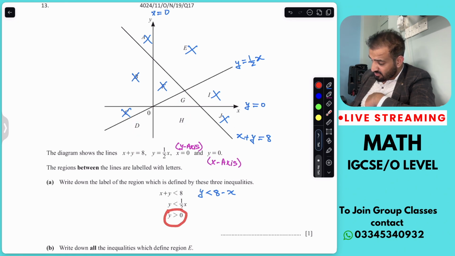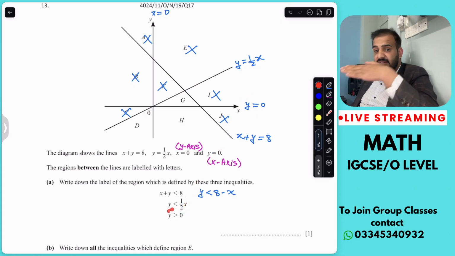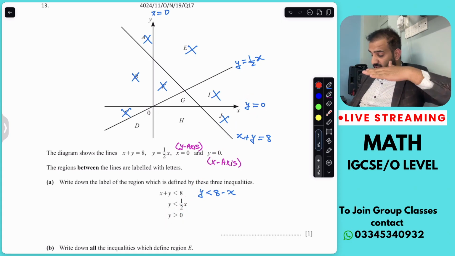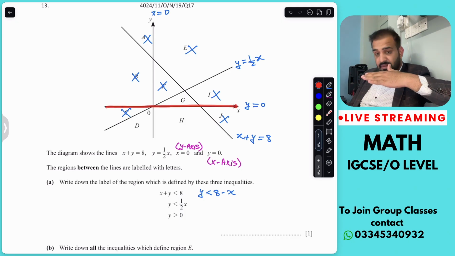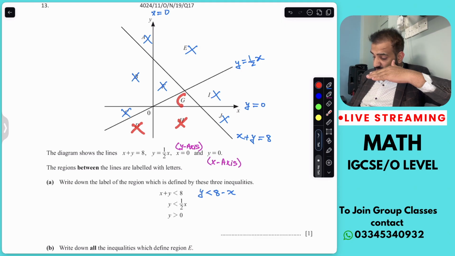Where is y is equal to 0? This line is y is equal to 0. So if y is greater than 0, it means above this line. So what is below this line gets cancelled out and you are left with only G. That's it.